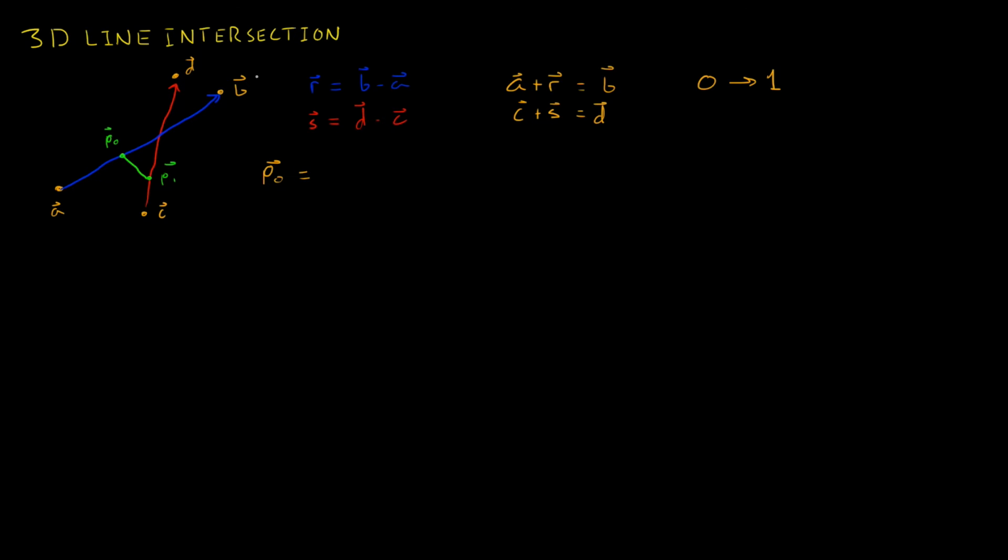Otherwise, if we get a value greater than 1 or less than 0, then we're going to have a point that goes beyond the segment. So really, if we're doing a line segment intersection test, what we're looking for is values between 0 and 1.